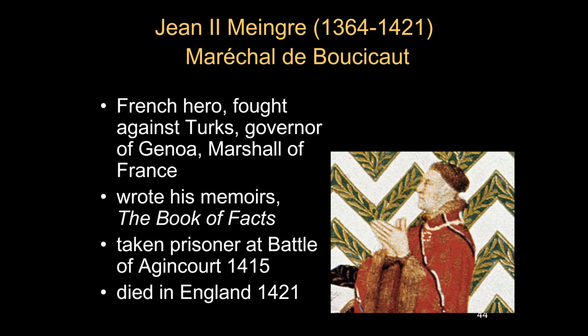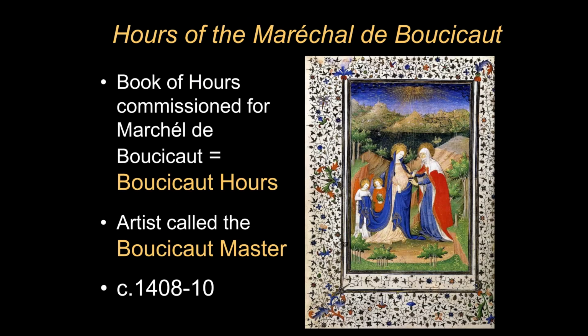But before Agincourt, he had a book of hours that was beautifully illuminated, and we call the manuscript the Hours of the Maréchal de Boucicaut, or just the Boucicaut Hours. It has a number of full-page illuminations in which you have a scene surrounded by this floral marginalia.